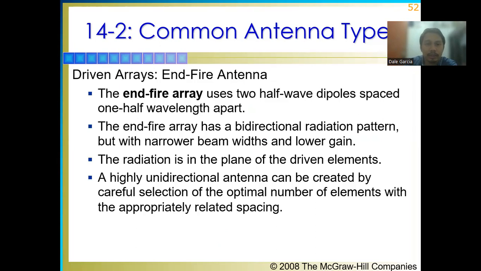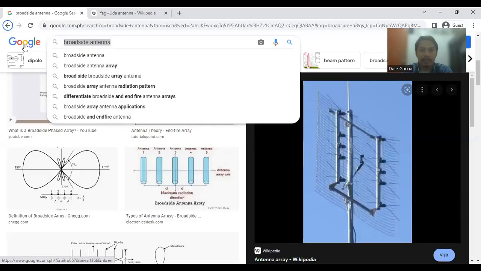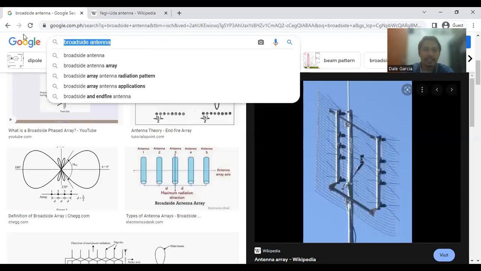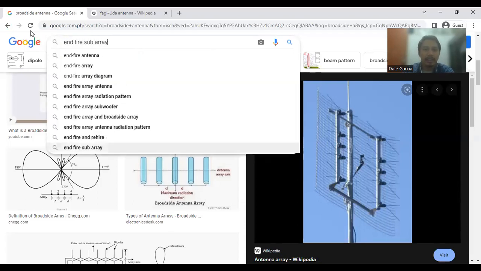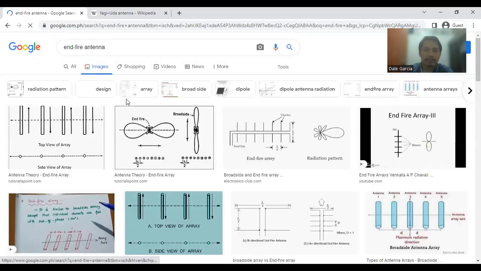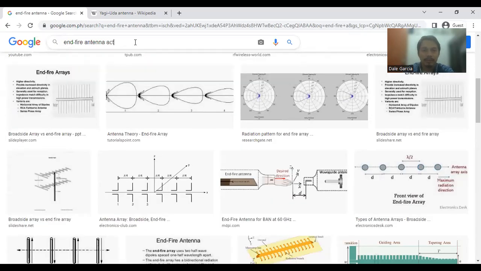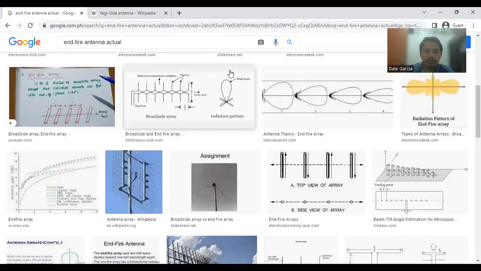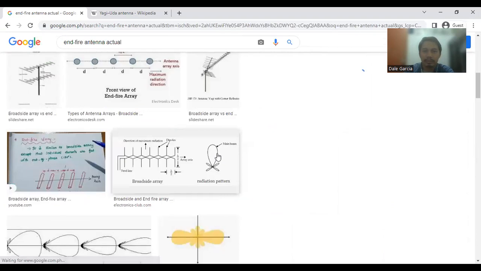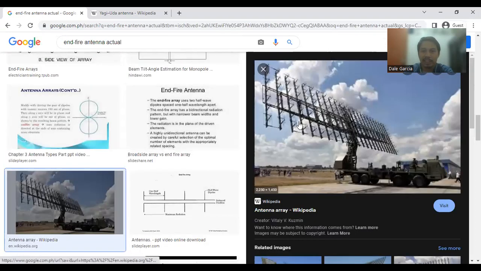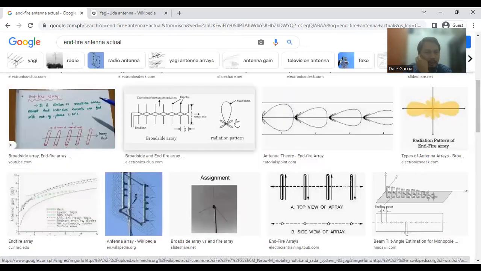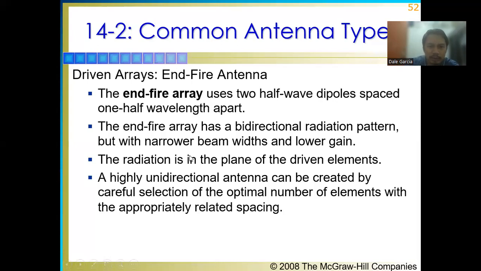End-fire antennas use two half-wave dipoles spaced 1/2 wavelength apart. Military applications, perhaps. For end-fire antennas, the bidirectional radiation pattern with narrow beam width is similar.